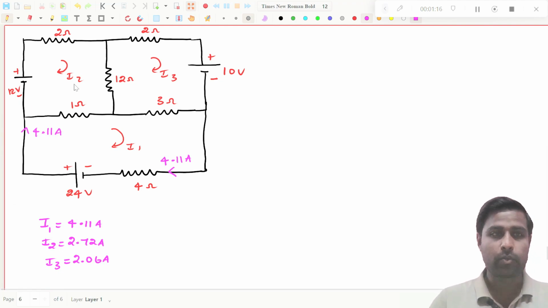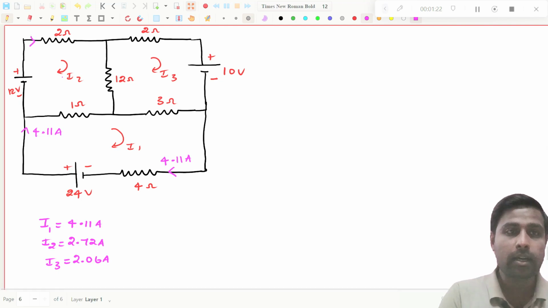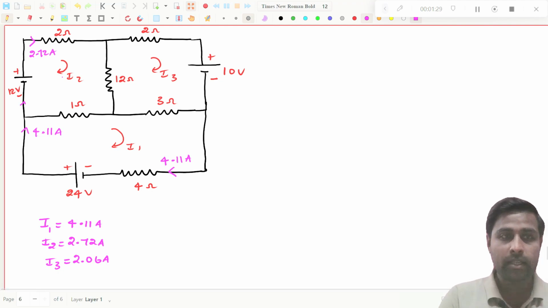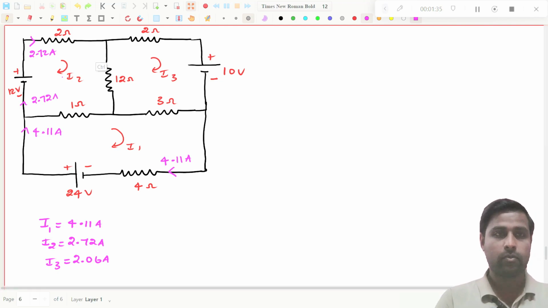Then I2 will flow in this direction. In this resistor, the I2 value will be 2.72 amperes, and here also it will be I2, that means 2.72 amperes, right?